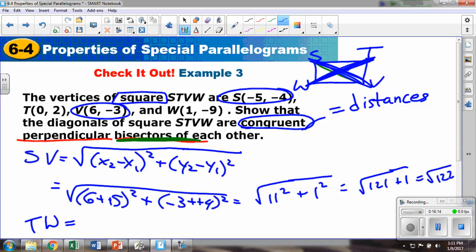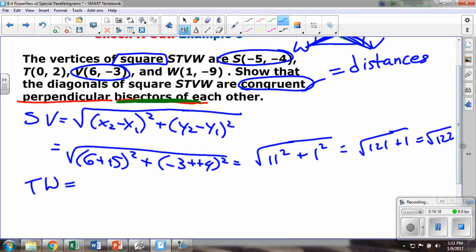You've already demonstrated in your earlier units that this is a skill you have, so just remember that you plug in your stuff, you start crunching your numbers, and if you don't wind up with the same answer, then you've got a problem. Because you're being told, show that they're congruent, they have to be the same length, so if the numbers don't match, something went wrong. All of this stuff here with the blue would be to get just the one thing that they are congruent.